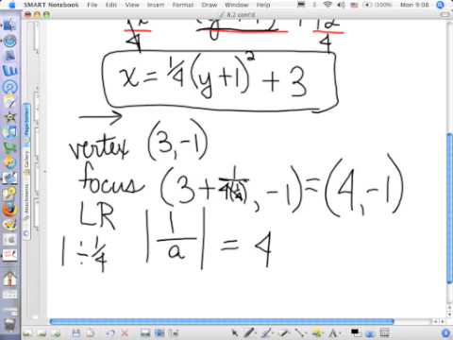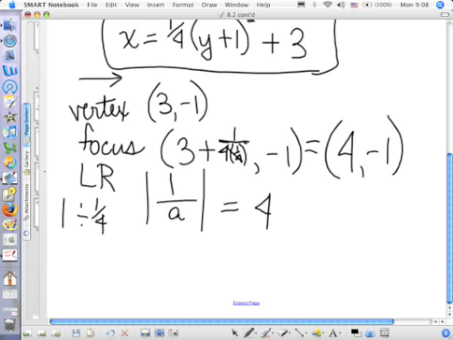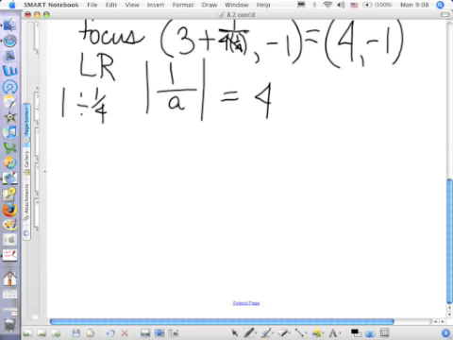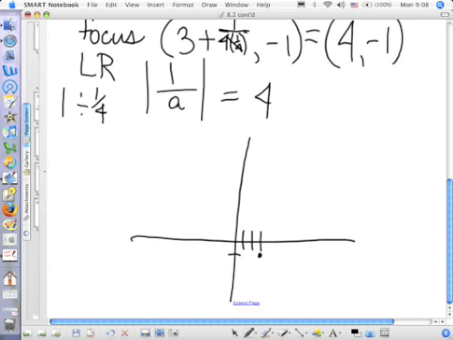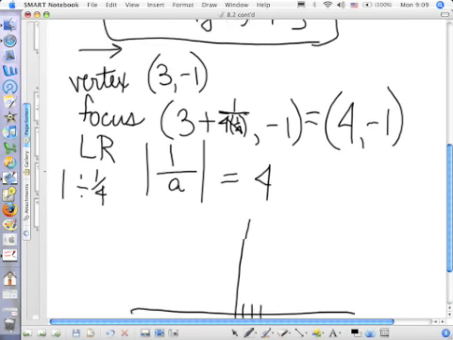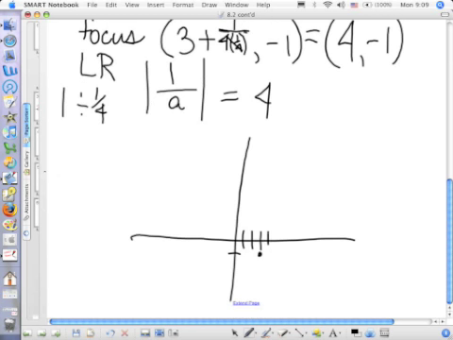Now, let's think of something else, because we want to get as specific as possible in identifying our parabolas and being able to graph them. Let's start with this. We'll put our vertex at 3, negative 1. Our focus at 4, negative 1. Now, your parabola is not going through this point.